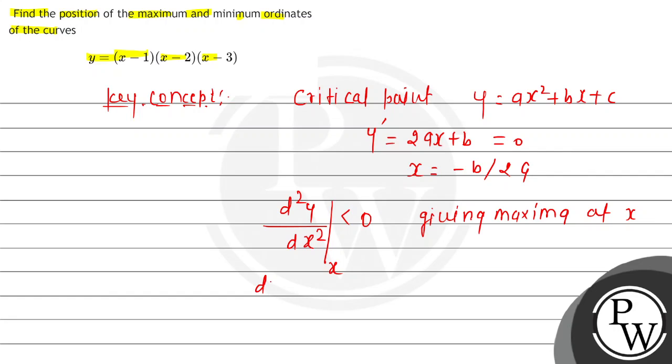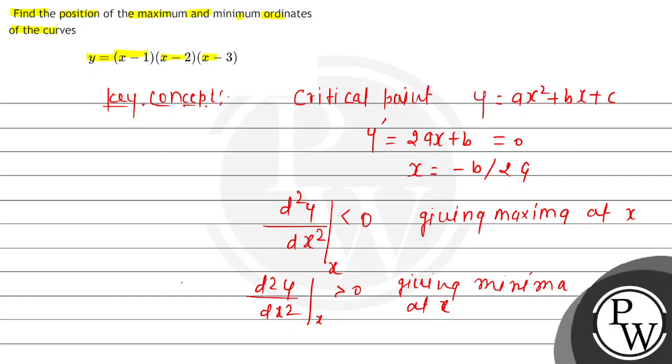Similarly, if d²y/dx² is positive at x, then it will be a minima at that point, giving minima at x. So we'll use this concept to solve this question.